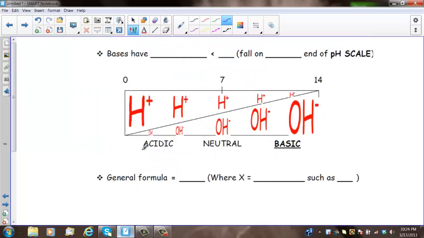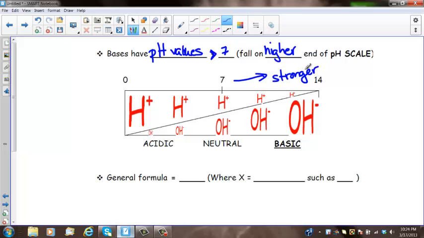Bases have pH values greater than 7, and they fall on the higher end of the pH scale. So again, neutral, basic, and as I go this way, my bases get stronger.